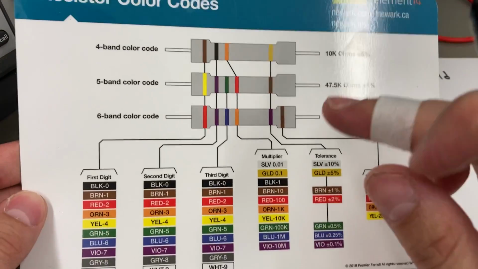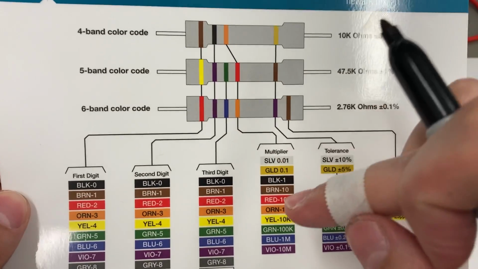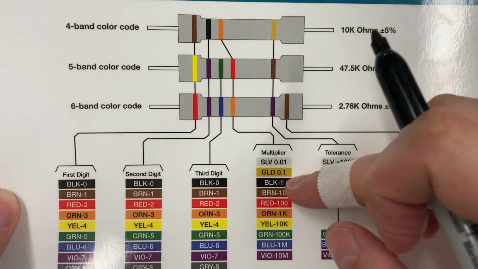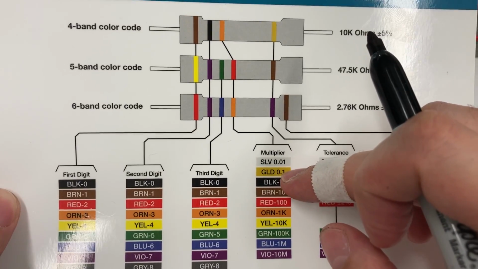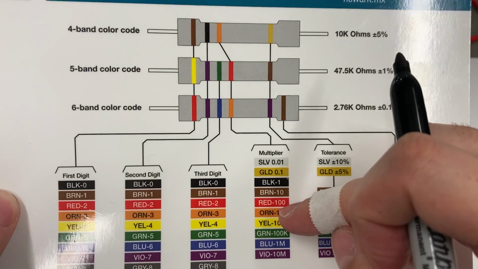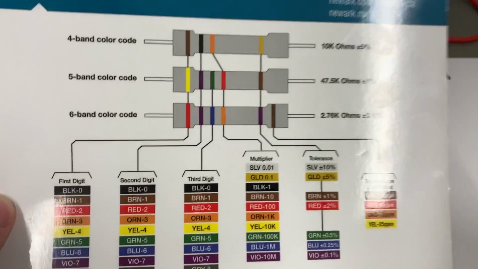Now this is what trips people up. With a 4-band color code, the 3rd color refers to the multiplier. Sometimes this will be expressed as 10 to some exponent. In this case, this color guide just provides you the actual factor that you should multiply by.